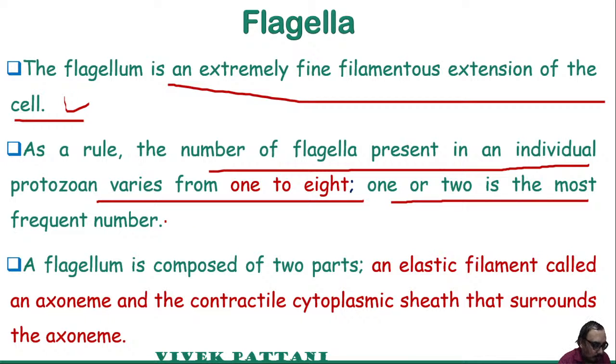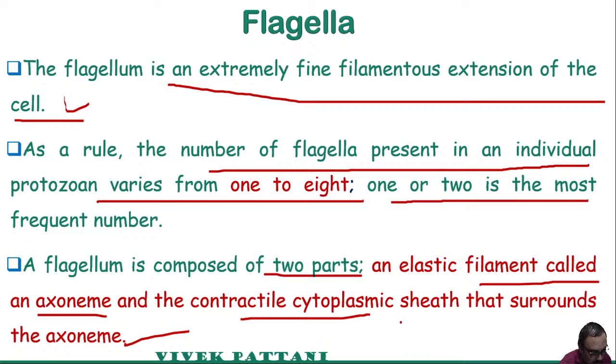The flagellum is composed of two parts: an elastic filament called the axoneme, and a contractile cytoplasmic sheath that surrounds the axoneme.